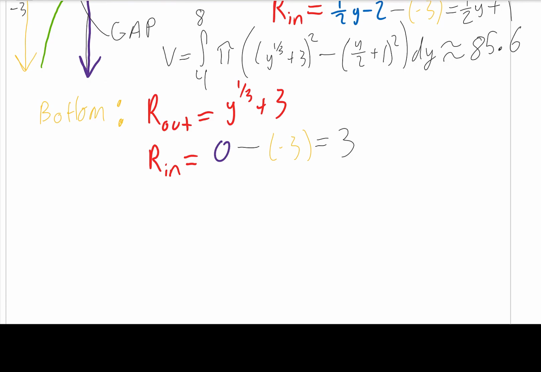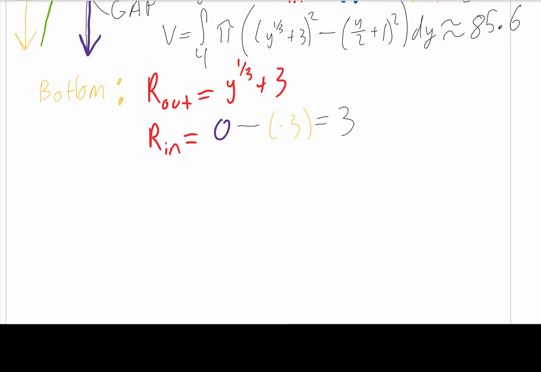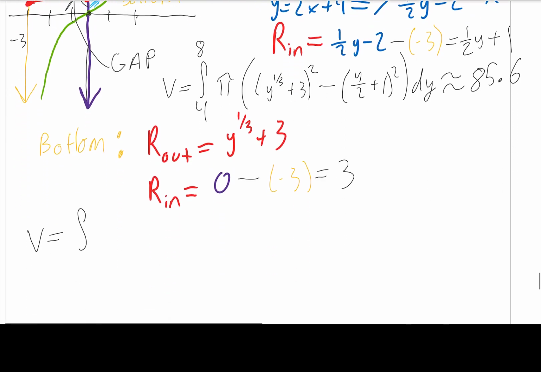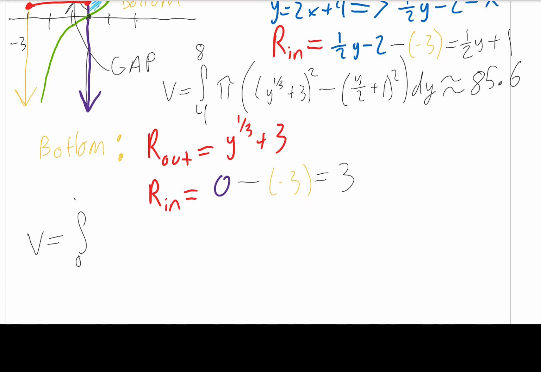So then the volume here should be the integral from, let me go back up. This is going to be from 4 to the origin, which is 0. Or sorry, I should be saying from 0 to 4 of pi times, this is y to the 1/3 plus 3 squared minus, okay, just 3 squared dy.